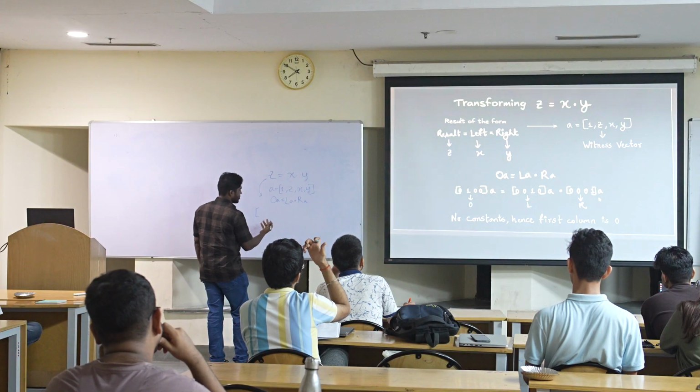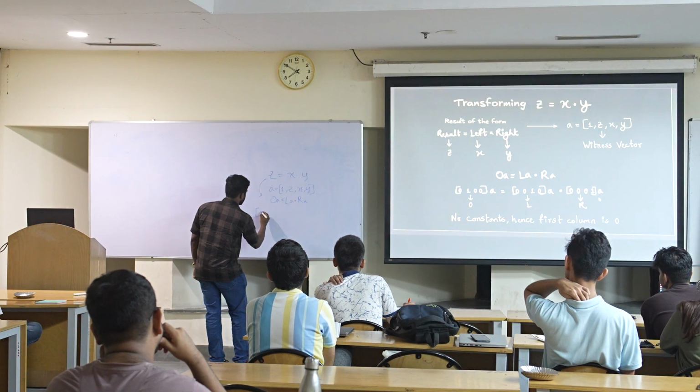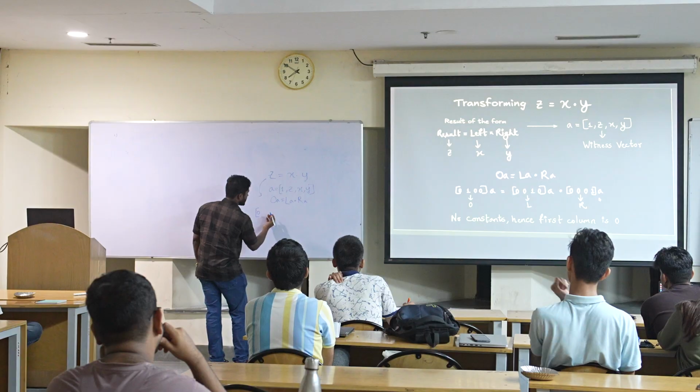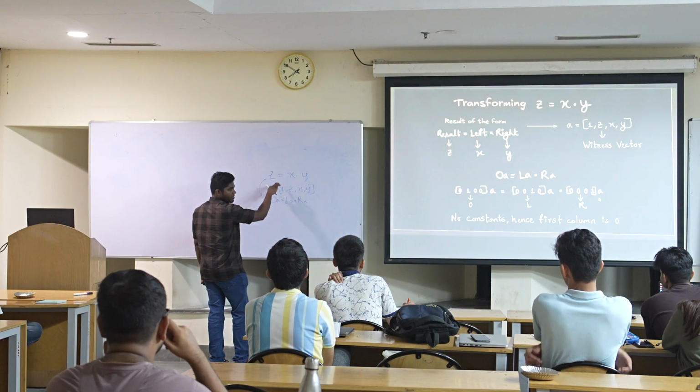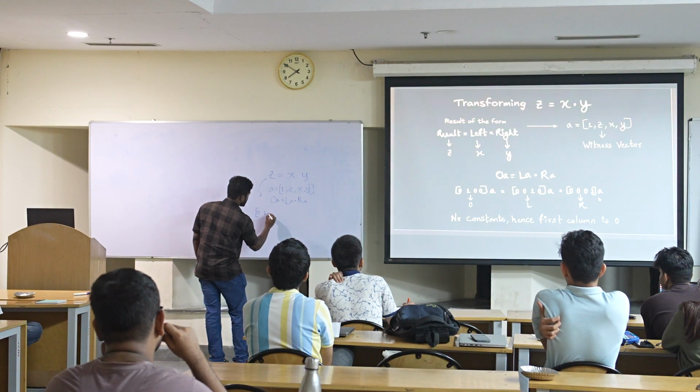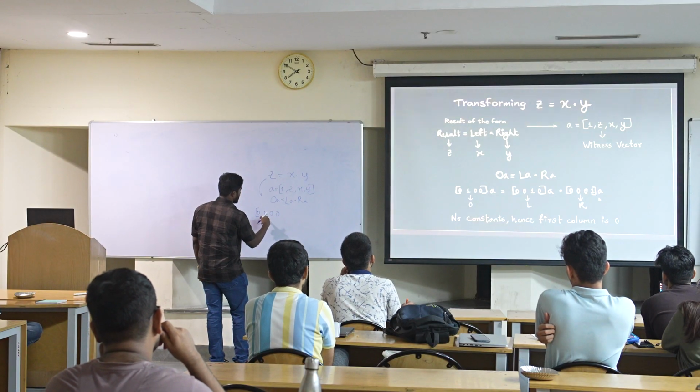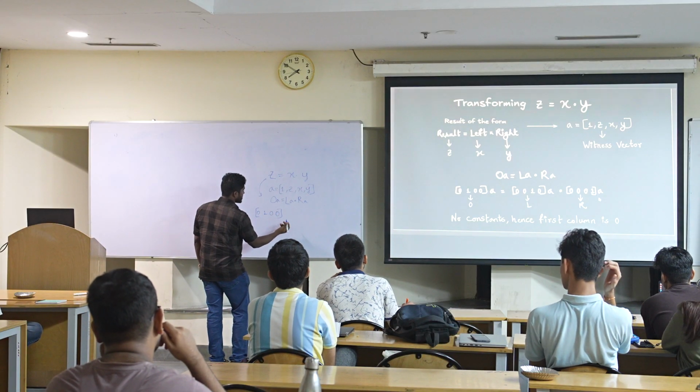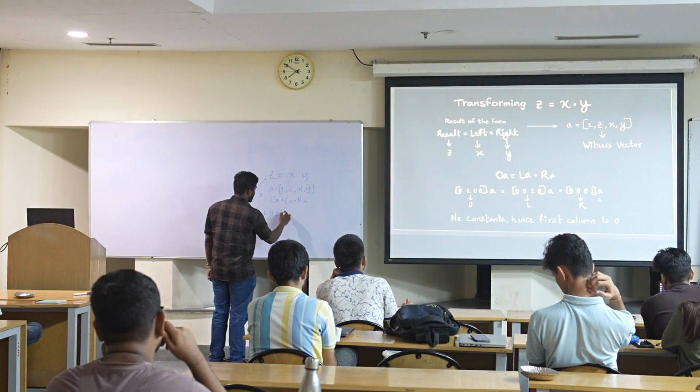We'll just do a simple matrix multiplication. We'll represent O this way. So O is Z, right? So the first element, so we'll just place 1 in the second index, and rest all elements should be 0, and obviously A will be multiplied.